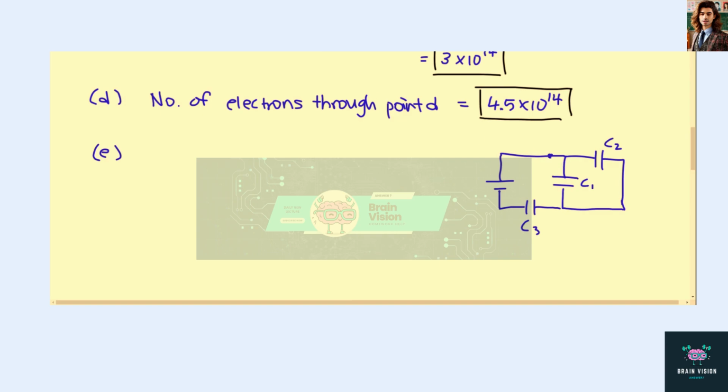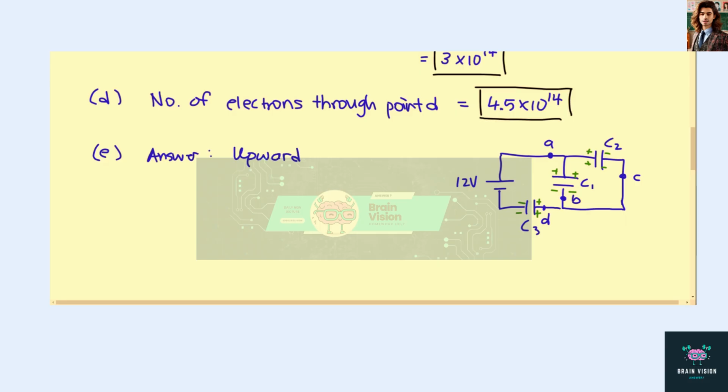This is our point A, C, E, and B, and I have also drawn the charges on the plates. Based on the polarity of the plates, you can tell the direction of electrons through point B. The answer is upward.